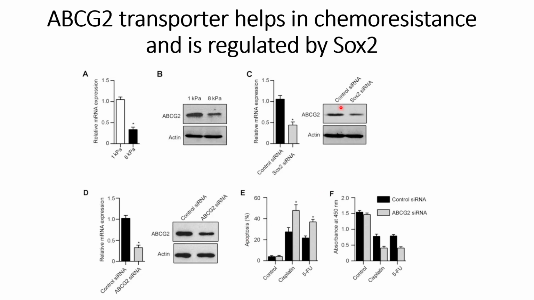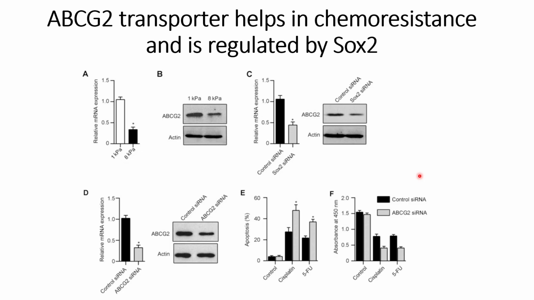So overall, from this paper they are able to find out that these ABCG2 transporters play a role in the chemoresistance ability of these laryngeal cancer cells, and by targeting the ABCG2 transporter directly, they can reduce this chemoresistance ability in the soft matrices and make the cells more drug sensitive.